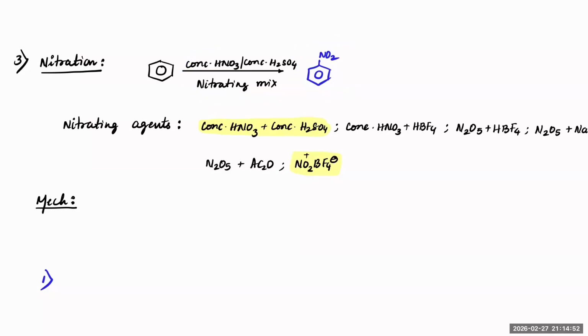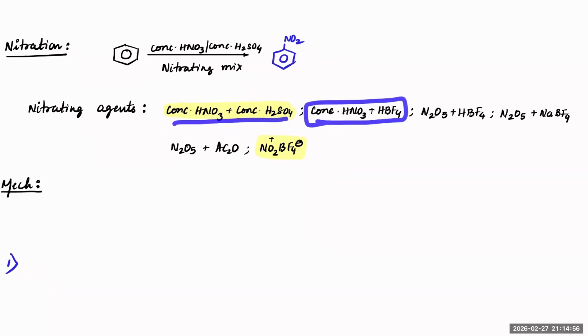Alternative nitrating mixtures are concentrated HNO3 with HBF4, N2O5 with HBF4, N2O5 plus the salt of BF4 minus, N2O5 anhydride, NO2 plus and BF4 minus. These are all the alternative forms of it. In all of these cases, it's pretty clear that it will give you NO2 plus as the electrophile.